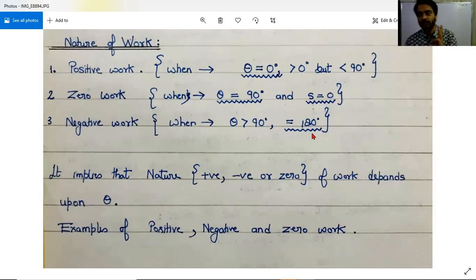When angle is 0 degree, then positive work. When angle is 90 degree, then zero work. When angle is 180 degree, then negative work. Okay, and you can give many examples of positive work, negative work, and zero work.